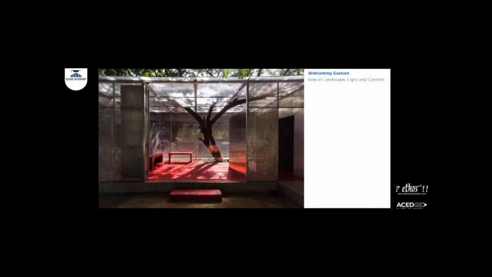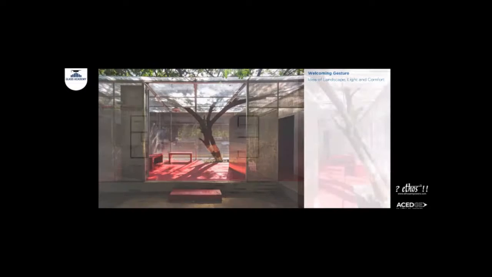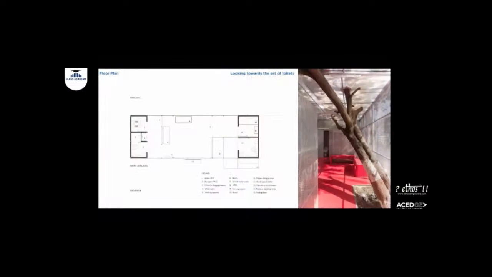On either side there are toilets, and the space can even be used as a waiting space, so women can wait in this space, and maybe if someone is coming to pick them up, they don't have to stand on footpaths with their nose shut. So that was the whole idea, and that's the plan of the prototype.